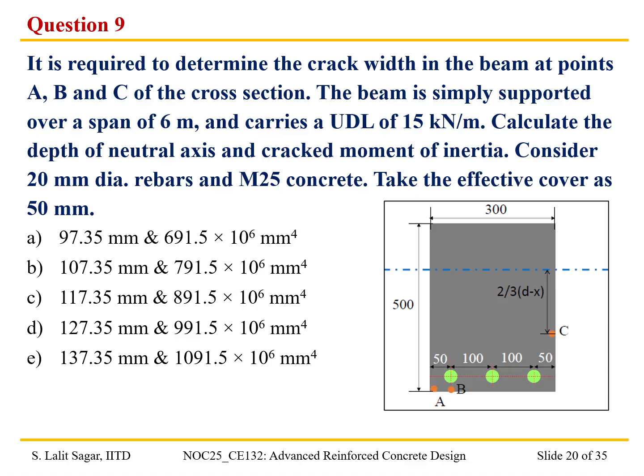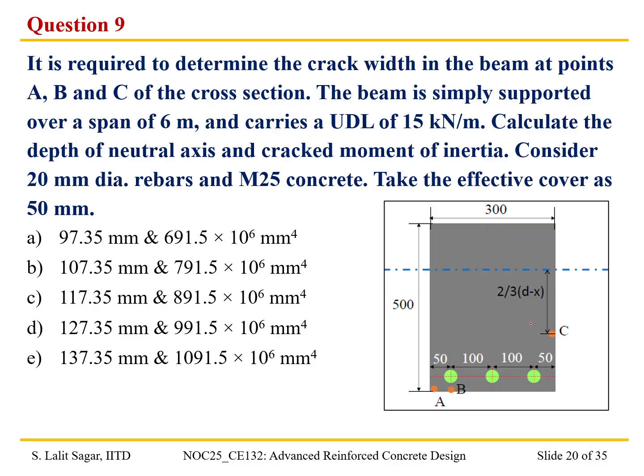It is required to determine the crack width in the beam at points A, B, and C. So these are the points. A is at the corner, and then we have B, which is right vertically below this first rebar, and then C, which is at a depth of 2 by 3 into d minus x from the neutral axis. We need to determine the crack width at these points.